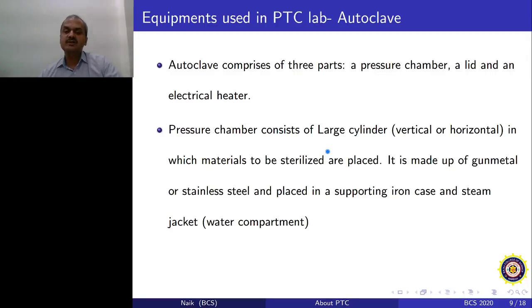For example, what kind of material do we place inside this autoclave? Basically all types of glassware. For example, a 250 ml conical flask with distilled water, capped with aluminum foil. Similarly, 20 ml of nutrient media, polymerized agar or semi-solid media poured into a test tube plugged with a cotton plug. When we have bundles of these test tubes, we can keep them inside this autoclave.